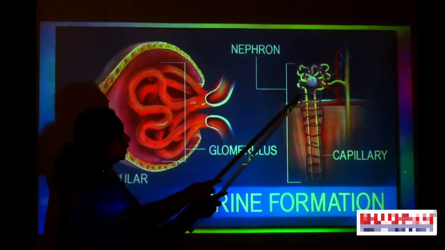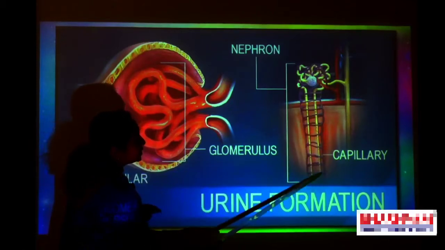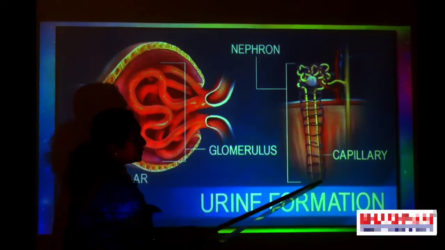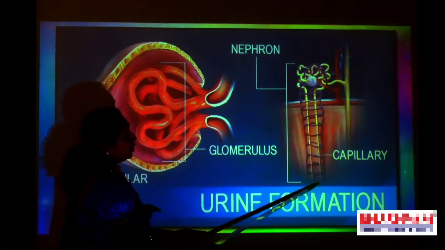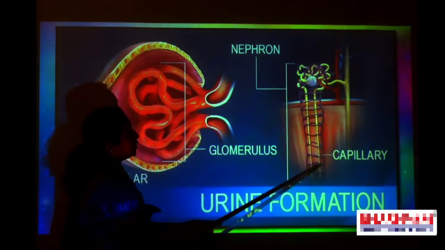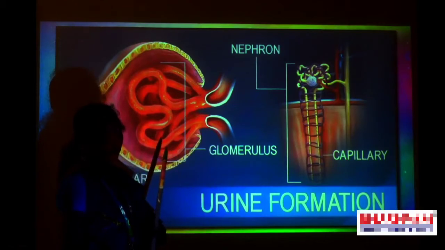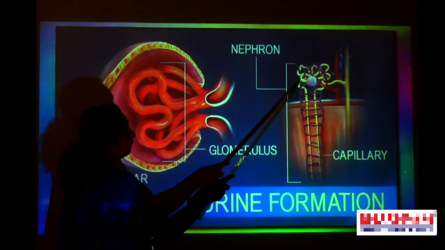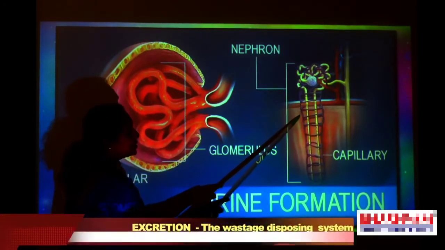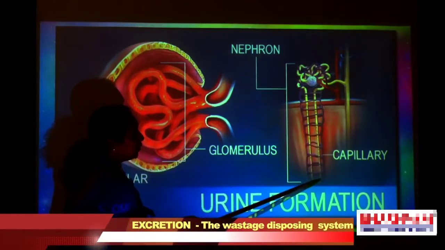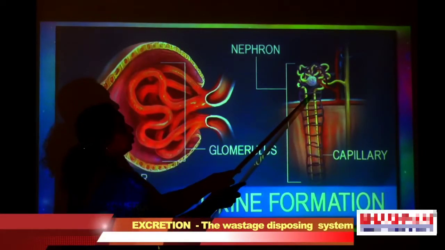Here you see the loop of Henle is an exact U-pin shape, and due to this shape it is called a loop. Here the PCT continues as a descending loop of Henle and ascending loop of Henle.